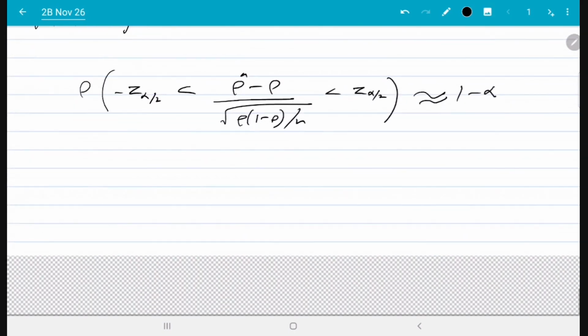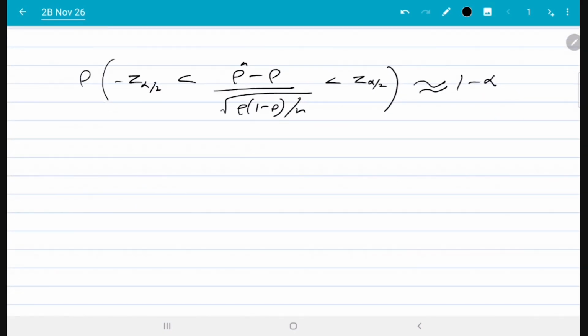There's also still an element of approximation because we are approximating binomial using normal. Okay, this exercise gets difficult at this stage when we manipulate it, putting p in between.